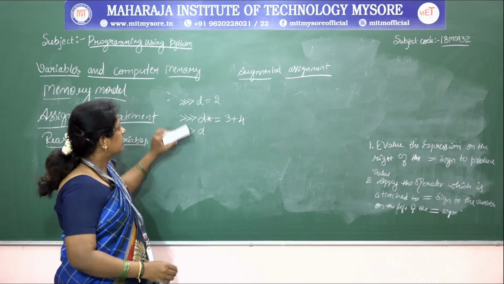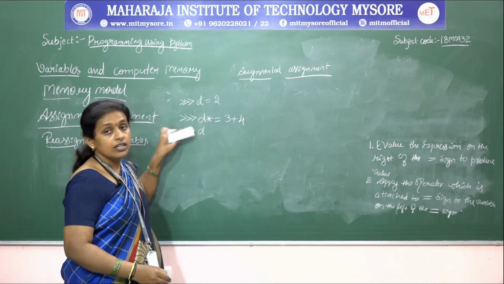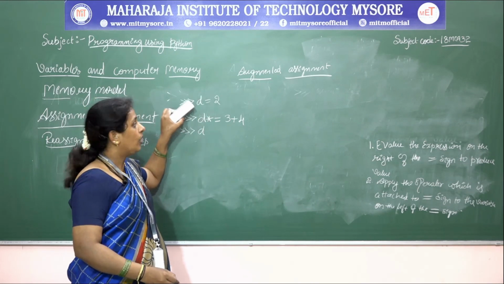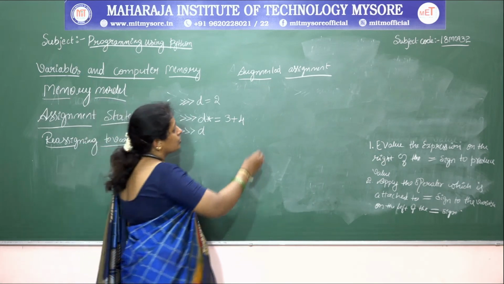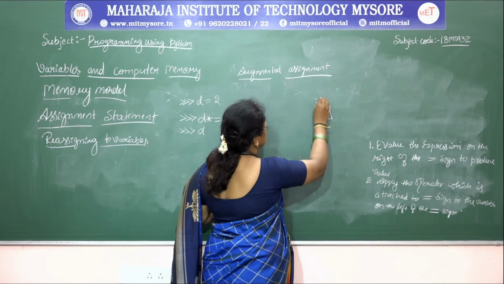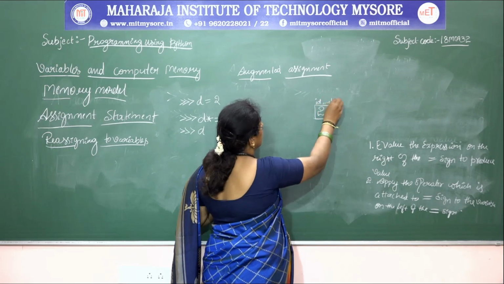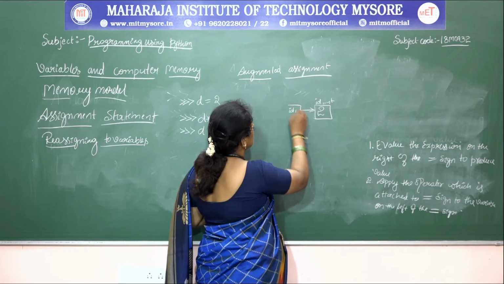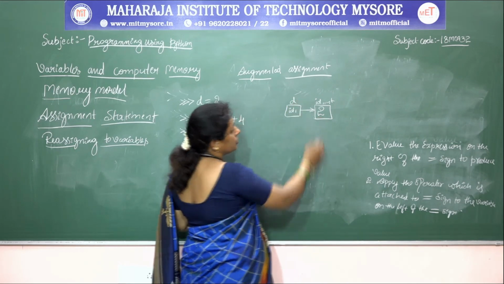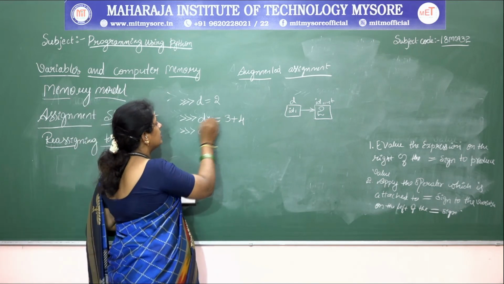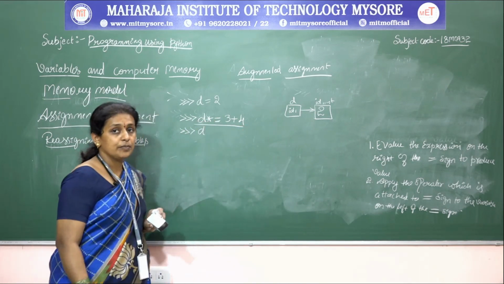Okay. Let us evaluate this code. First it is going to assign the value 2 to a variable called D, right? So the variable D will refer to the value 2. After that, I need to evaluate this augmented assignment.